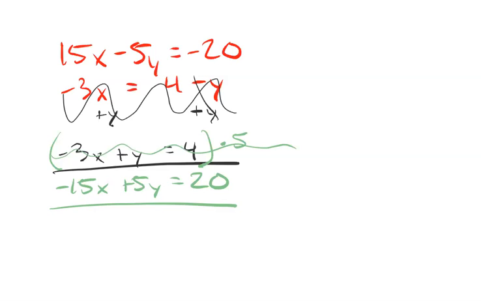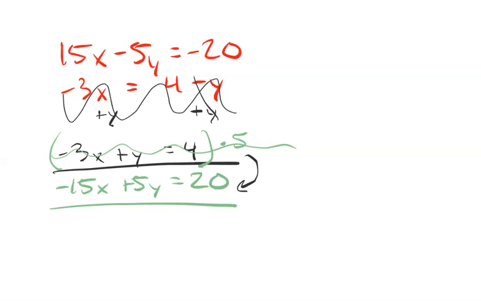Let's take a look. Okay, you see it here. I added y to the left side so that I could get everything lined up. So I had negative 3x plus y is equal to 4. To make things eliminate, I had to multiply by 5. So I multiplied everything by 5 to get it here.